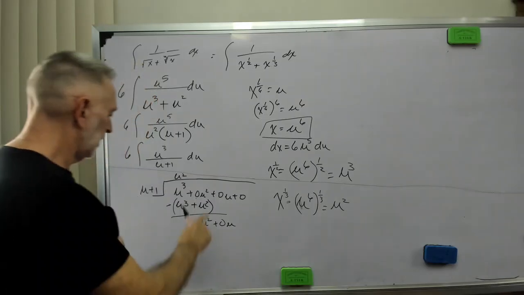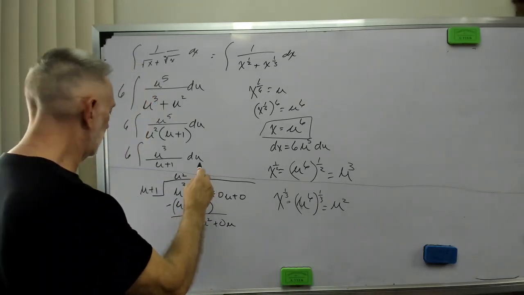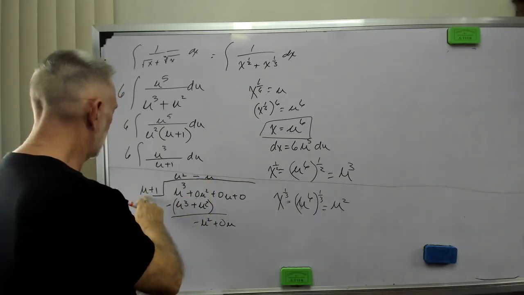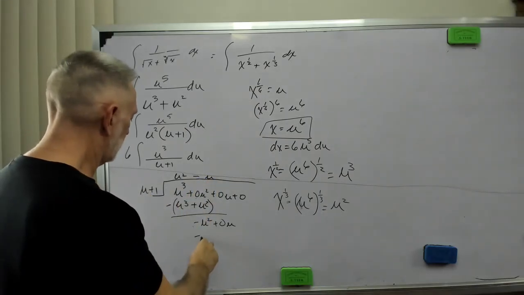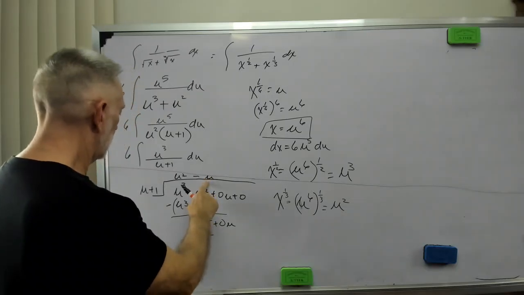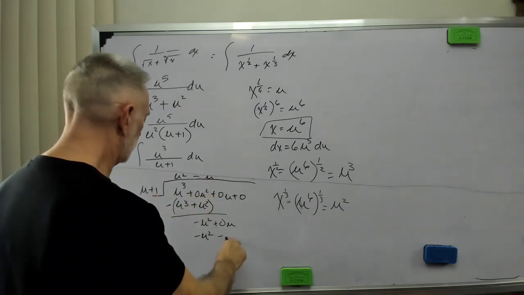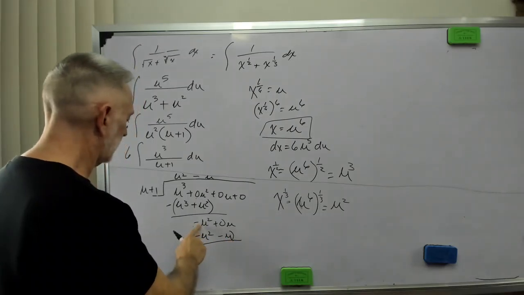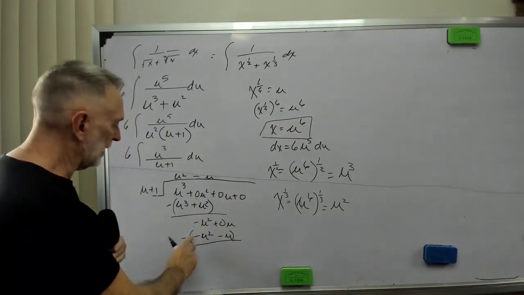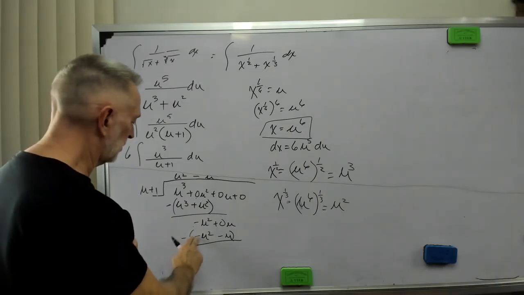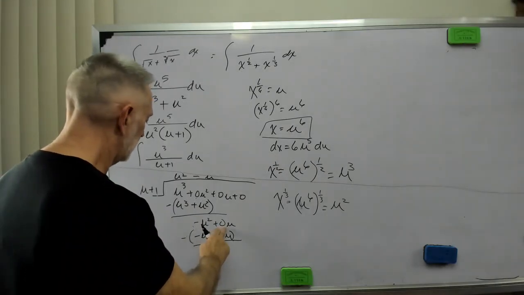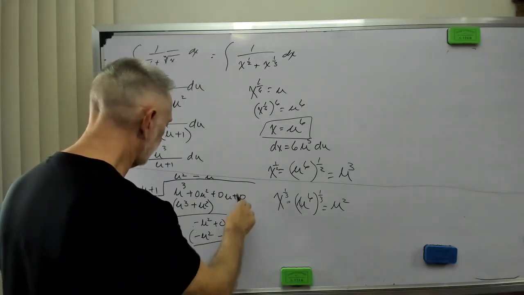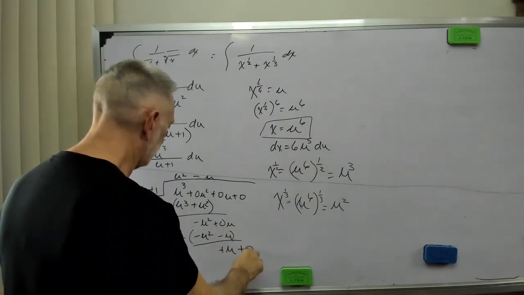Now then, I have a negative u times u, which gives me a negative u squared. Negative u times a positive 1 gives me a negative u, parentheses around that because I'm subtracting. Negative u squared minus a negative u squared cancels. 0 minus a negative u gives me a positive u, plus 0, I'll bring that down.